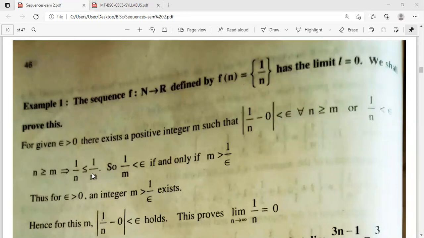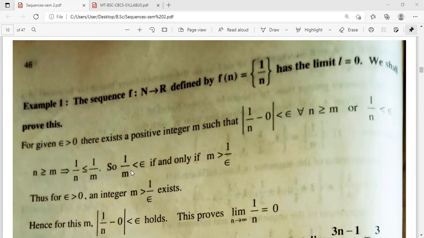Now here, 1 by m less than epsilon if and only if m greater than 1 by epsilon. You cannot directly get this; 1 by m less than epsilon means you can write 1 by m is less than epsilon. Now if you take the reciprocal of this, 1 by 1 by m is equal to m, because the reciprocal of the reciprocal is the same.